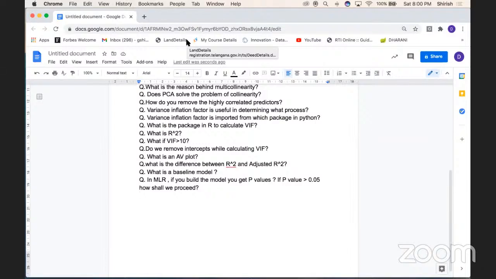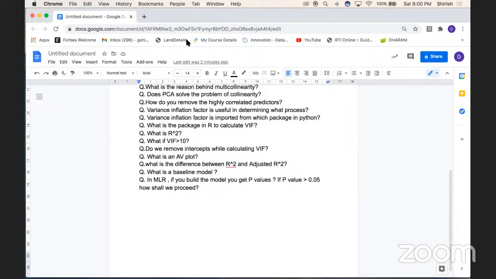Every time you add any independent variable to your model, R squared increases, even if the independent variable is insignificant. It never declines, but adjusted R square increases only when the independent variable is significant and is affecting your dependent variable.